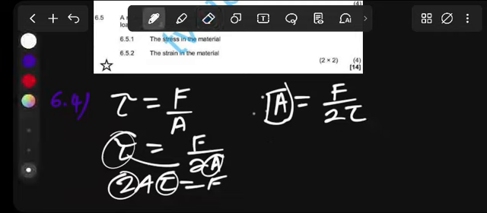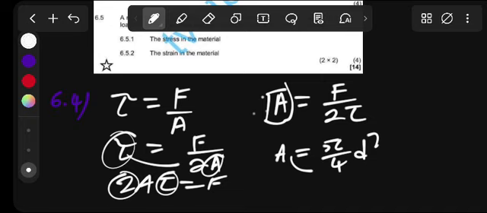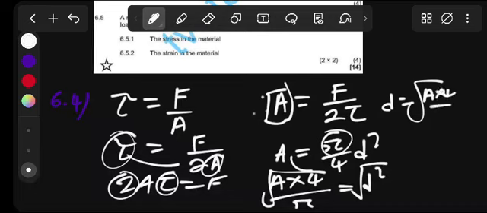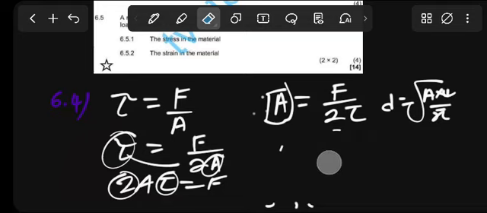We know that area is equal to pi over 4 d squared. Then you multiply by 4 and divide by pi, so A multiplied by 4 divided by pi, and I'm left with d squared. Take the square root of both sides, so d will be equal to the square root of 4A over pi. As you can see, it's a method of manipulation.